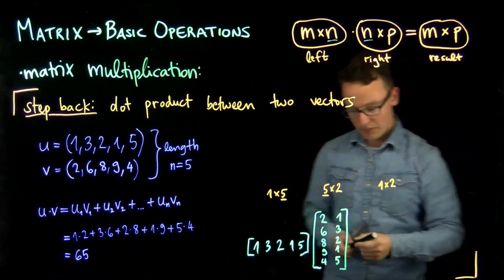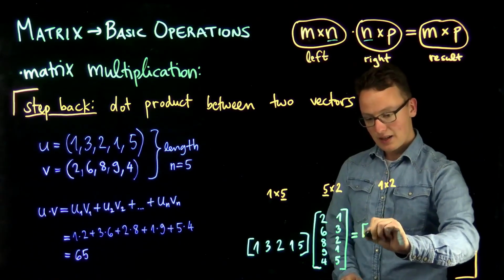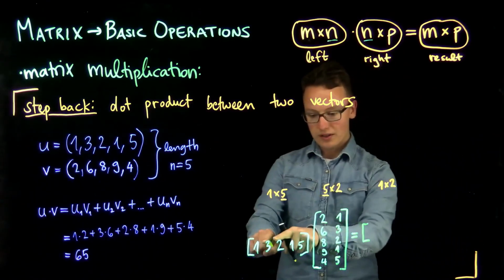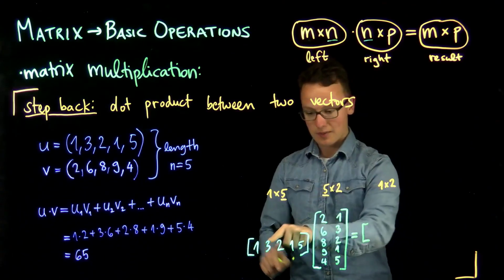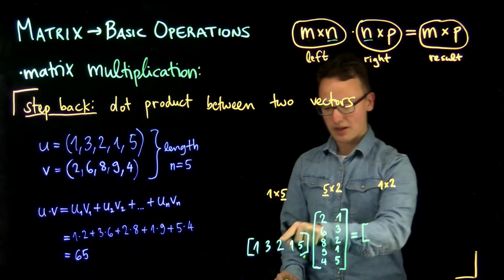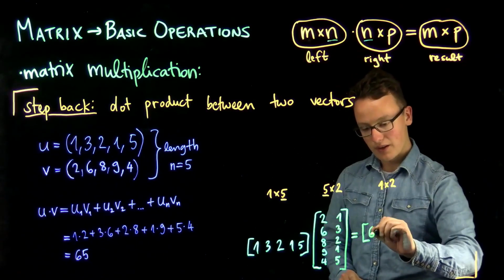And indeed, if we compute this multiplication, what we will get is first the dot product of this vector and that vector. Okay, so we'll do 1 times 2 times 3 plus 3 times 6 plus 2 times 8 and so on, which, as we saw here, was 65.